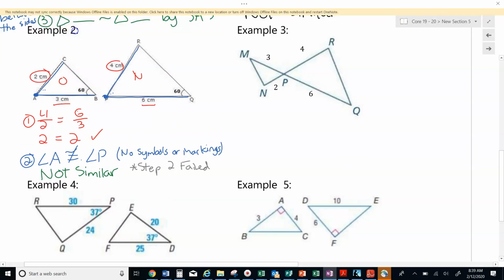Alright, looking at our third one, let's see if we can have ones that are similar. My 2 triangles, right, here and here, kind of draw them to see them separated. This will be my old to new, smaller side, 4/2, 6/3, 2 does equal 2 there. This is one of my sides, this is one of my sides, that's angle MPN.